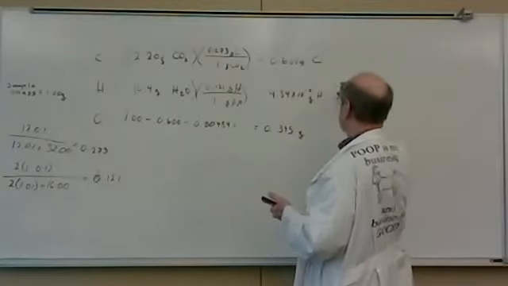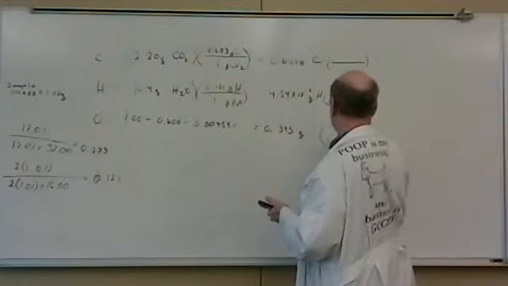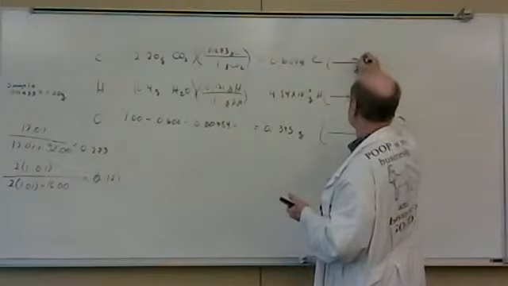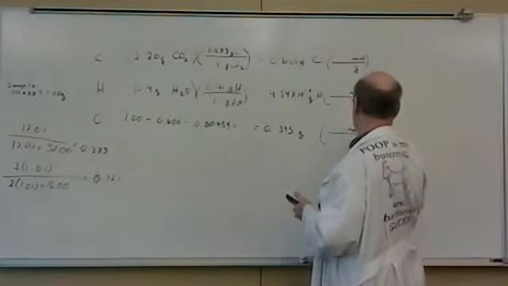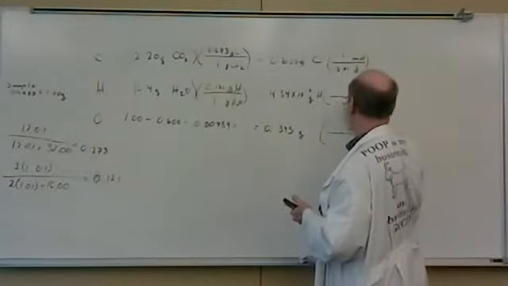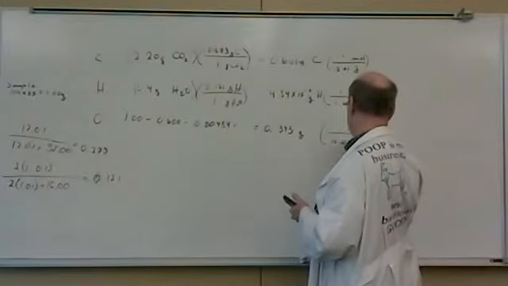So there, I've got grams. Convert to moles. So carbon is going to be 12.01, hydrogen is going to be 1.01, and oxygen is going to be 16.